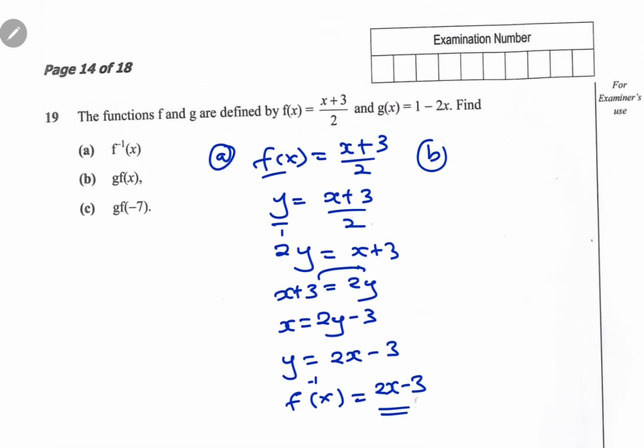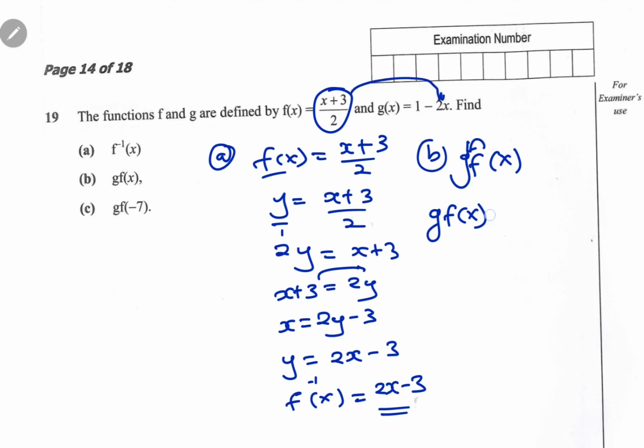Then b, g of f of x, which is the composite function, so a function within a function. This one is just simply replace the second one into the first one where there is x. So g of f of x is equal to, I said you replace this one where there's x in this one.